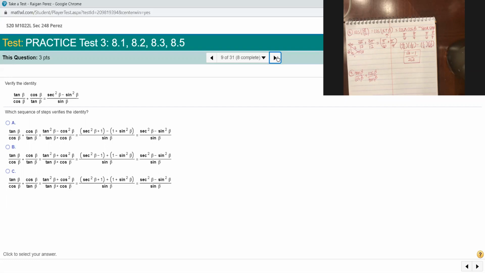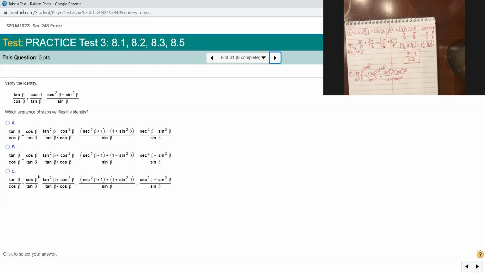So the first thing I would be doing would be multiplying this side by tangent, both the top and the bottom, and this side by cosine, both the top and the bottom. Okay, and what that gives me at the top is tangent squared of beta plus cosine squared of beta. And at the bottom, they would have a common denominator of cosine beta, tangent beta.